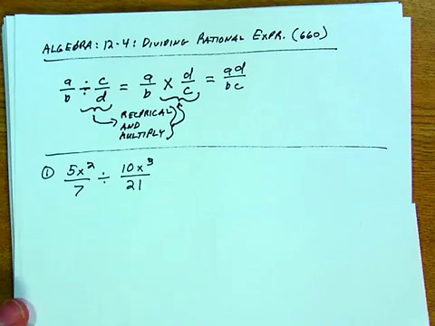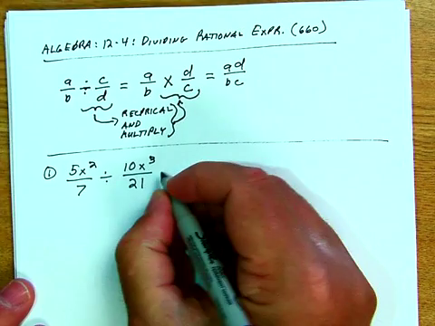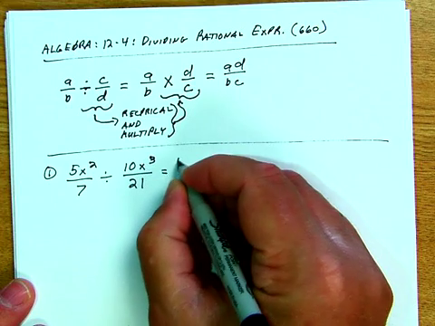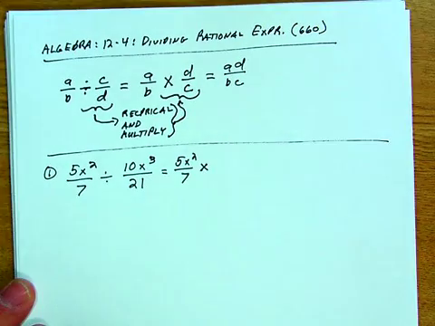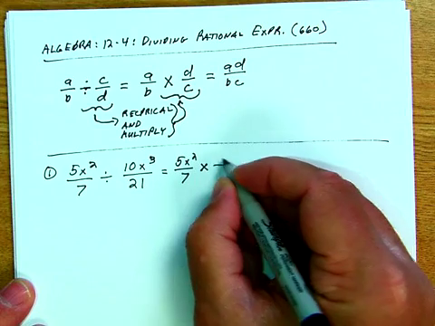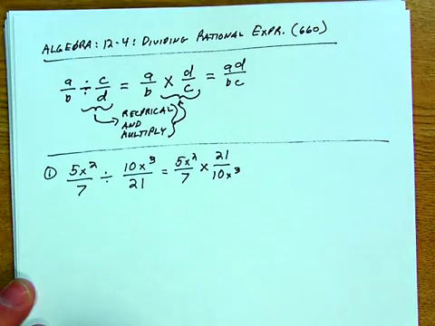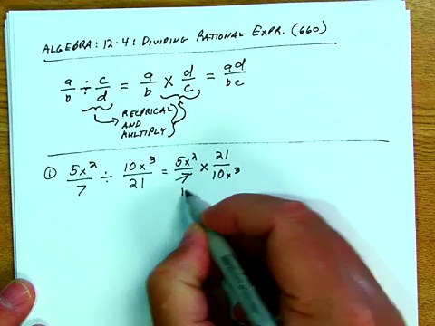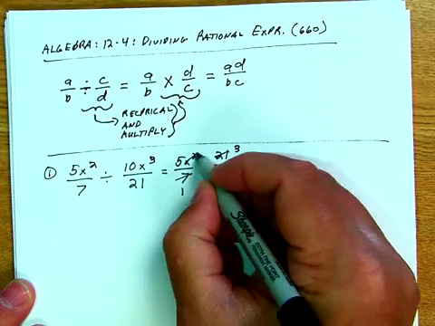Let's see that in real life. Here's an example. So I'm going to first write the problem again. But this time I'm going to change the division to a multiplication, and I'm going to reciprocal the second number. Now I can cross cancel. 7, 7, 1, 7, 7, 3. X squared goes away.